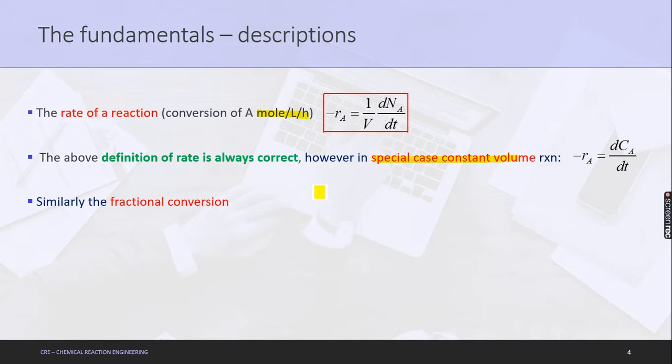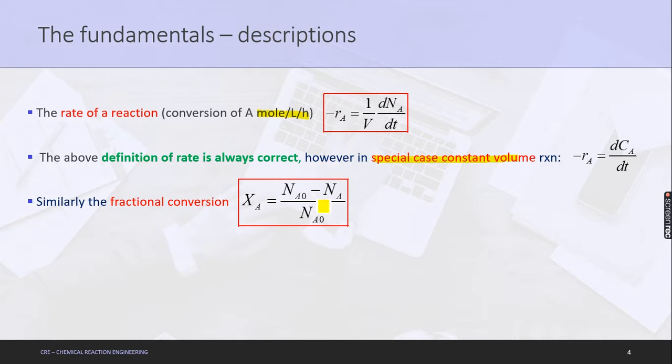Similarly, for fractional conversion, we need to understand what fractional conversion is and what its definition is. It is actually very simple. For example, we start with some N_A0 number of molecules in a reaction process. That is the overall number of molecules present in the entire system, and after some time, or in a process, the number of moles decreases to N_A. So fractional conversion is how much mole is lost with respect to the initial mole.